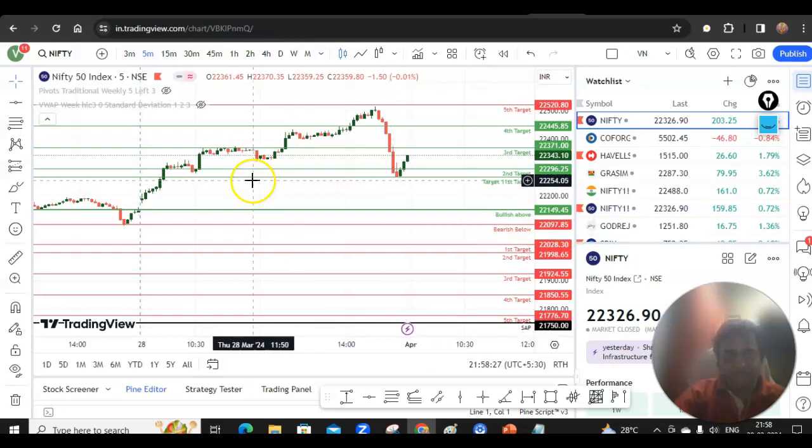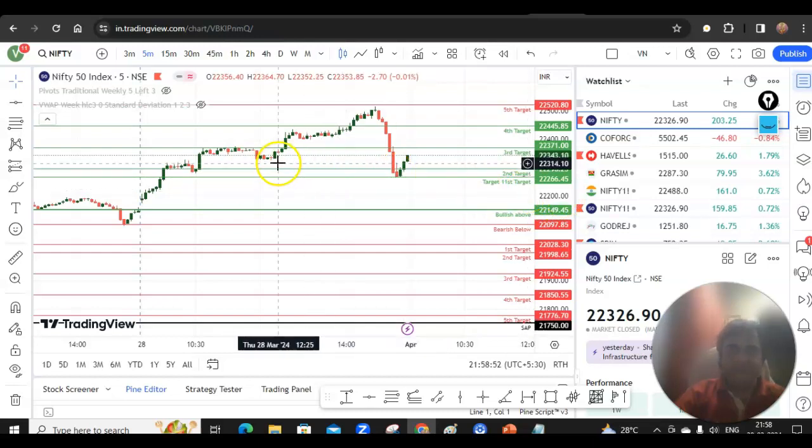When first target is achieved on closing basis, you move your stop loss to your bullish above price, that is 22,149. Once the second target is achieved on closing basis, move your stop loss to first target 22,266.45.